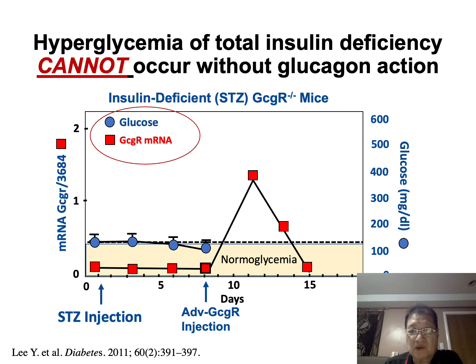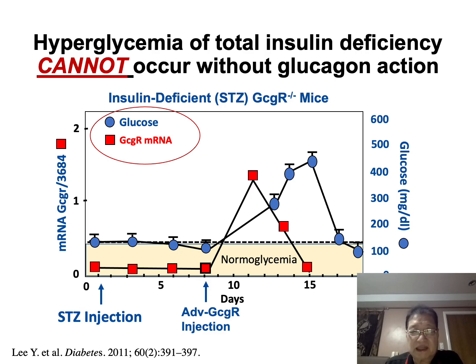And you see eventually the expression drops off and disappears. And during the rise in the expression of glucagon receptor, hyperglycemia occurs, reaching about 500 milligrams per deciliter before it went down to normal glycemia after the messenger RNA was no longer detectable.